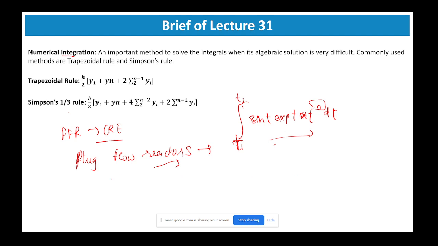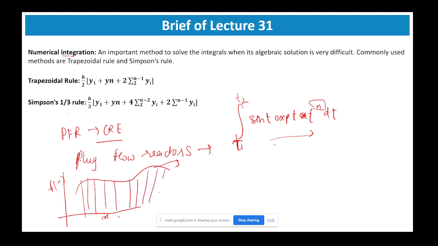So how do we solve integration numerically instead of in algebraic form? You have a certain function, f of x, and this is x. Integration is nothing but the area under the curve.